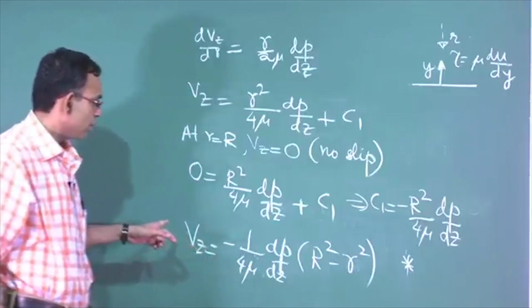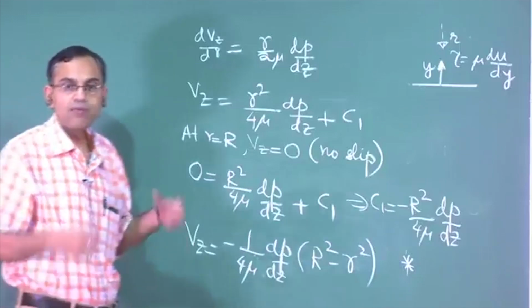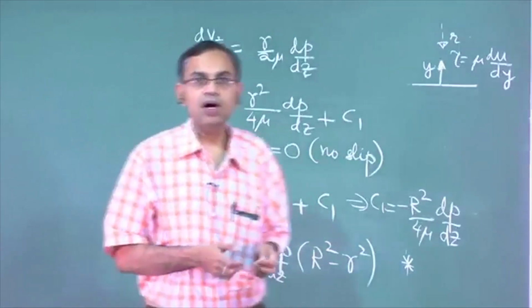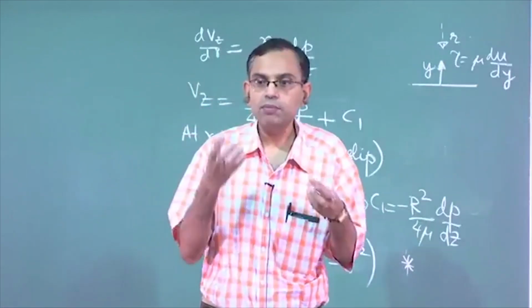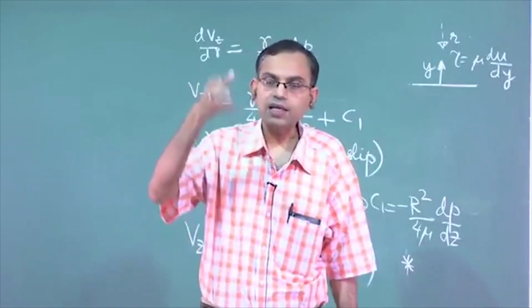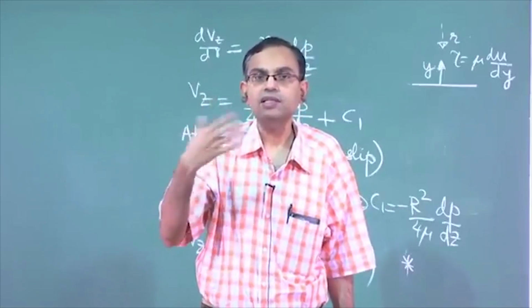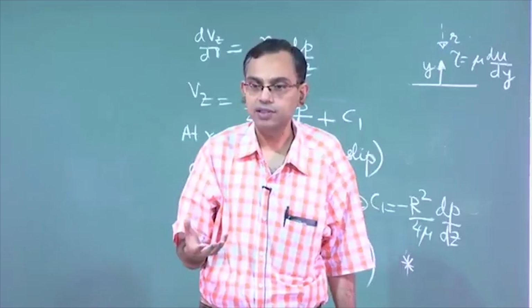but you can also express it in terms of the average velocity. Why is average velocity important? Because in experiments you can measure flow rate, the total rate of flow at a given section in the pipe, and if you divide the flow rate by the cross sectional area, you will get the average velocity.